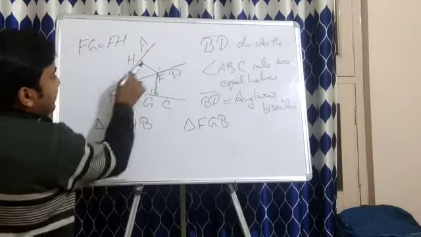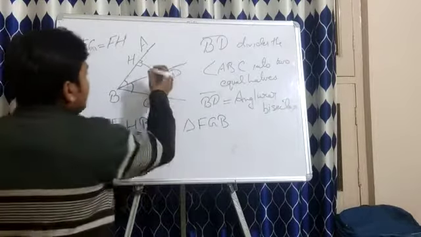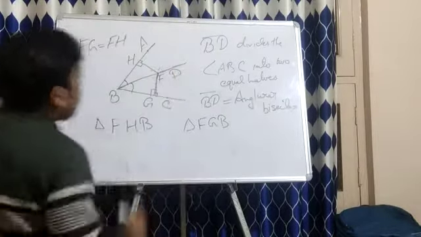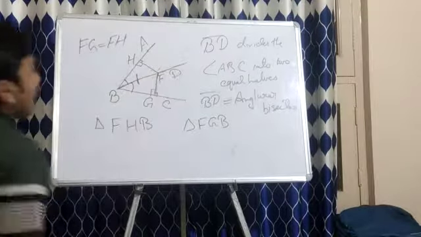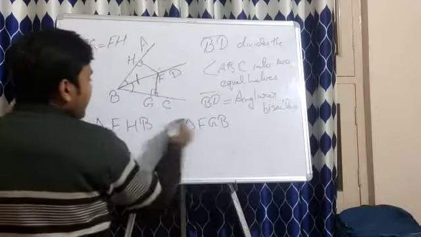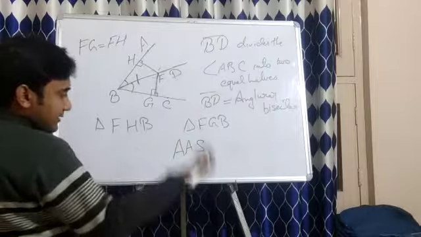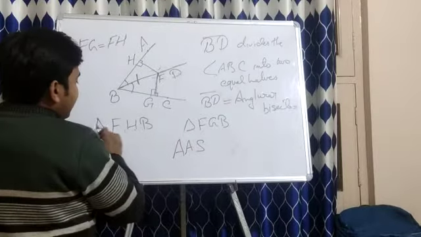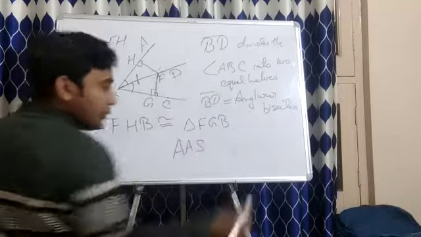Since these two angles are equal, the third angle will also be equal. Therefore this third angle will also be equal. The side BF is common. So by invoking angle-angle-side congruency, we can safely say that triangle FHB and triangle FGB are congruent.